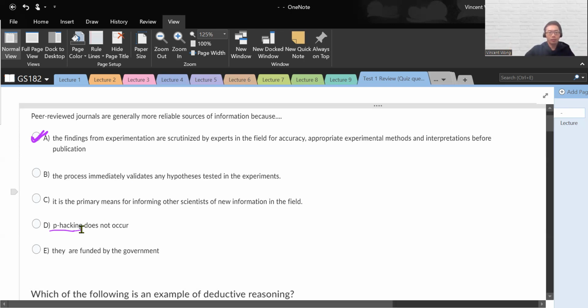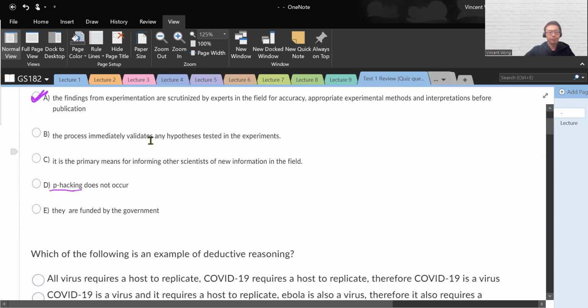So that certainly does occur. Some are funded by government, some are not. It doesn't really matter. The main point for the peer-reviewed journal is that there are other experts in the field that will help scrutinize your work.